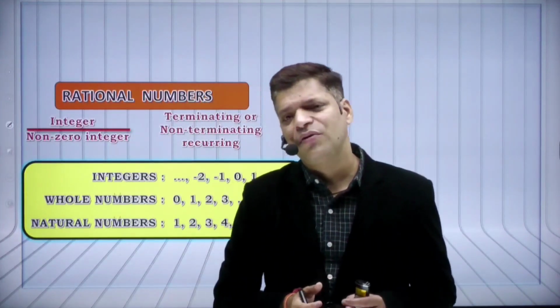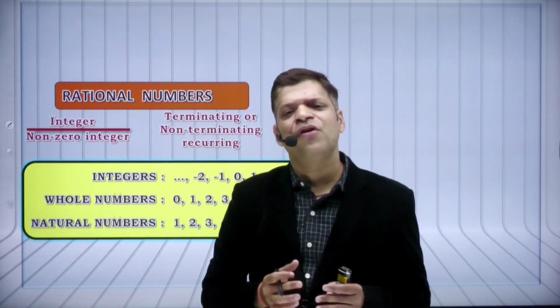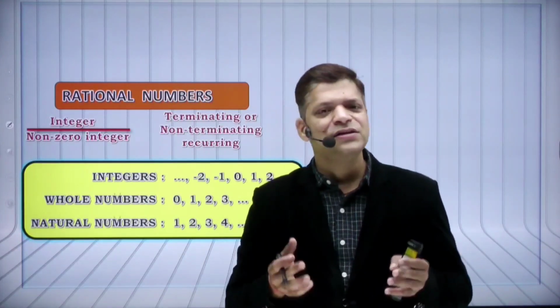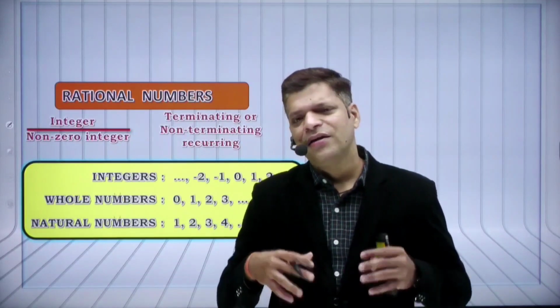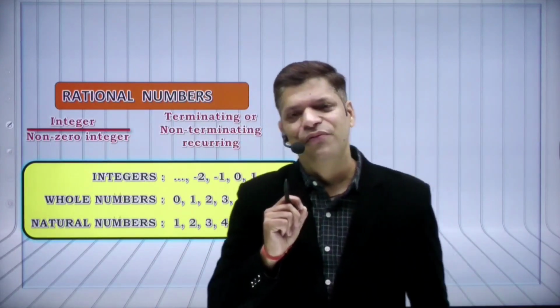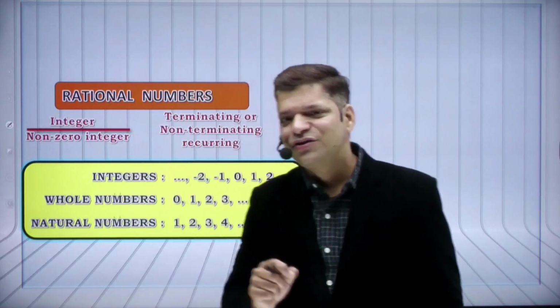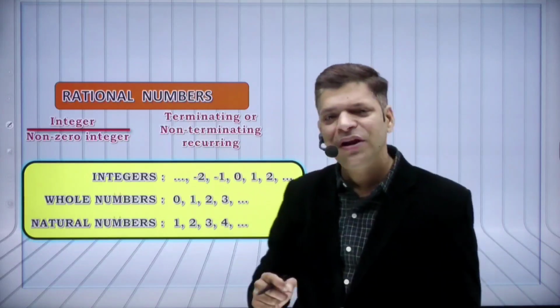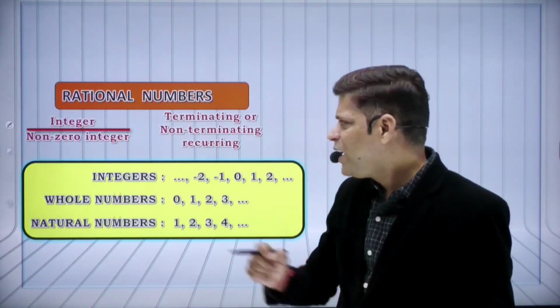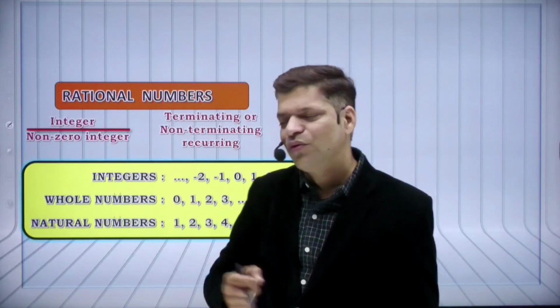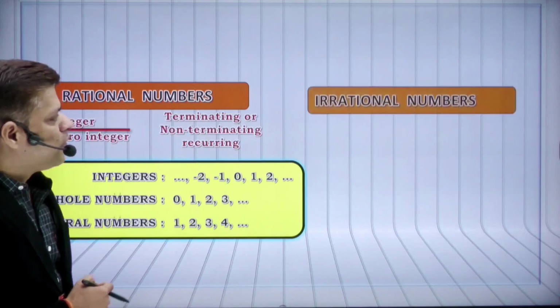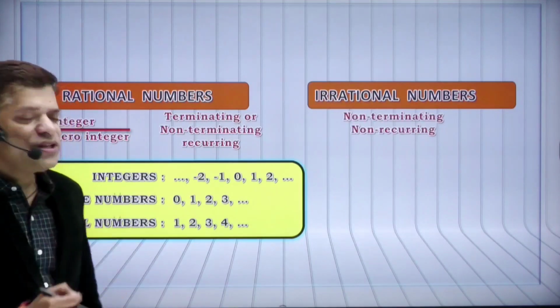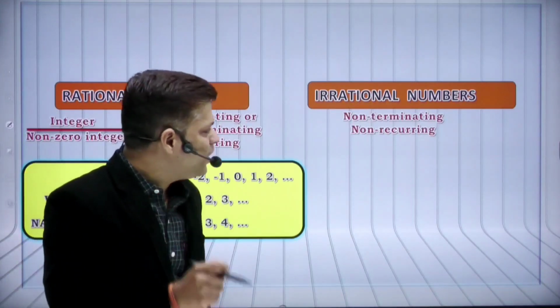These rational numbers include integers, whole numbers and natural numbers. But some numbers are called irrational numbers, which are non-terminating and non-recurring.